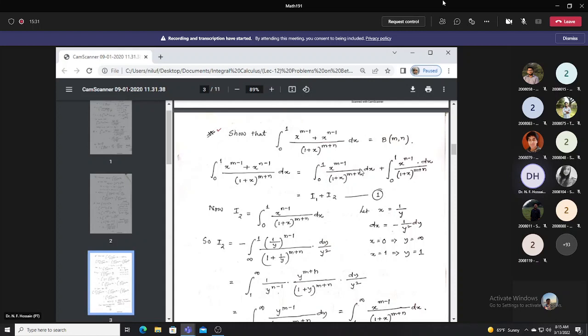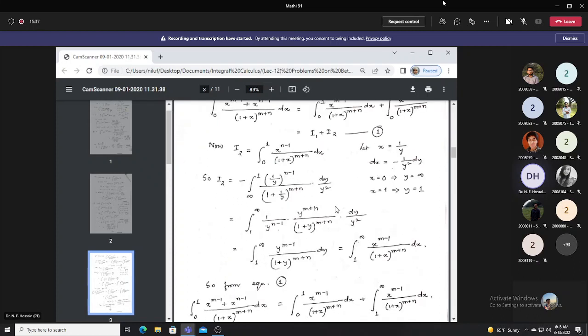Okay, so let us give a name here. Suppose it is I1 and suppose it is I2. So we start from I2, 0 to 1, x to the power n minus 1 by this. Let us take the substitution x equal to 1 over y, because we need the limits 0 to infinity. So here dx equals minus 1 over y square dy.